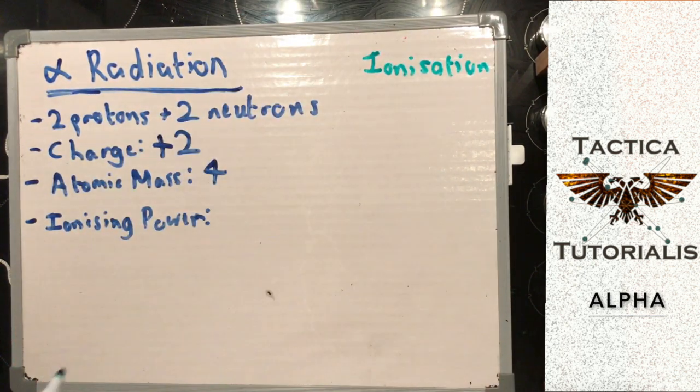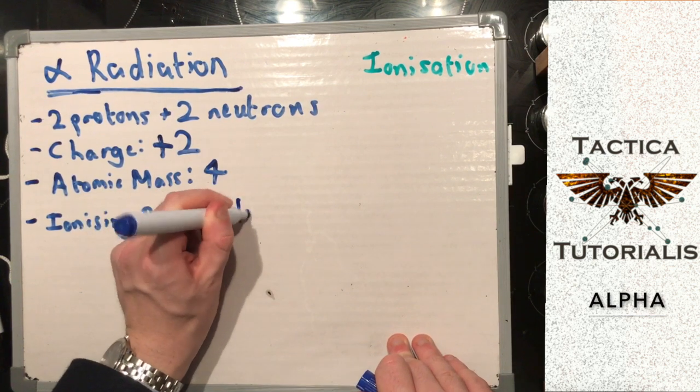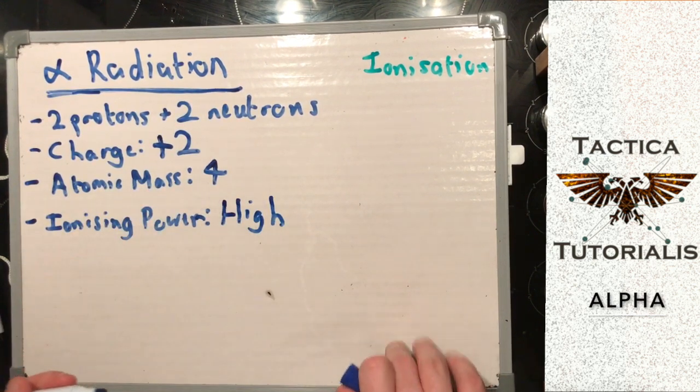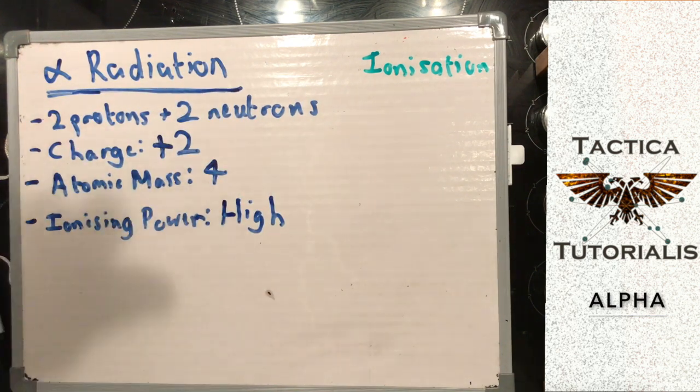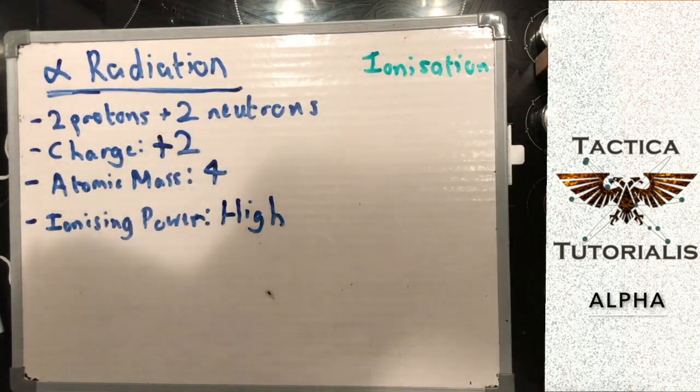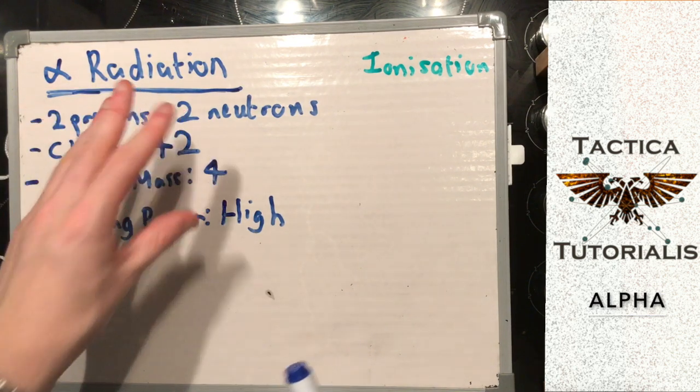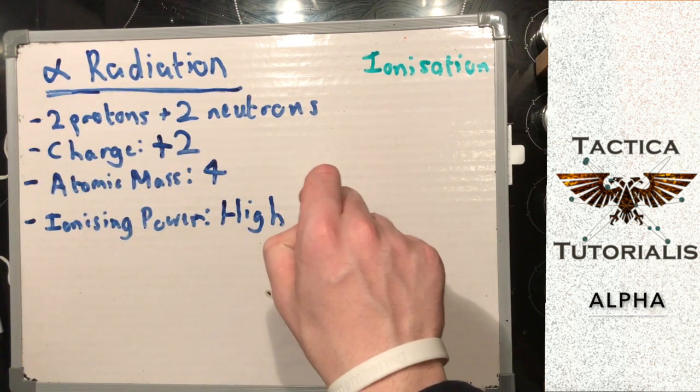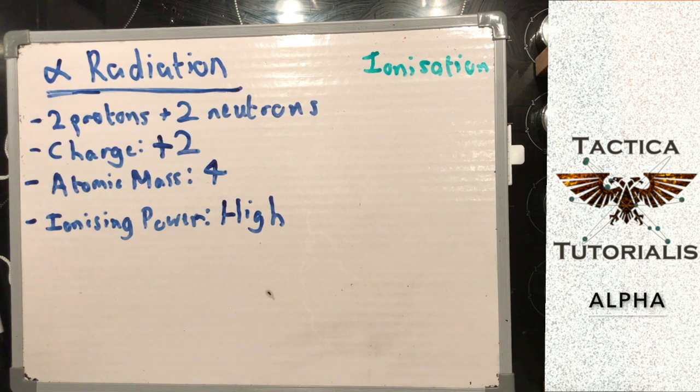How good is something at creating an ion by ripping off electrons particularly? Well, an alpha particle has a charge of +2. So its ionizing power is actually quite high because it has a large charge. Not necessarily plus or minus, but the number on its charge is very, very high compared to the other one. So its ionizing power is high.